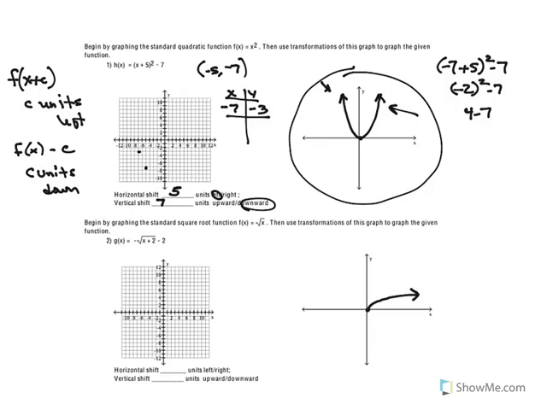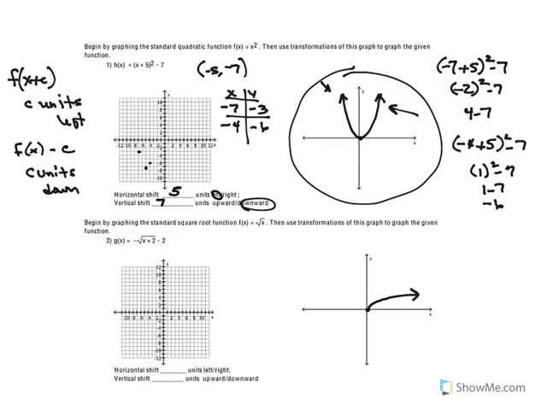Then I'm going to pick a number on the other side of the x. So at negative 5, I'm going to pick negative 4. So I get negative 6. So negative 4, negative 6.